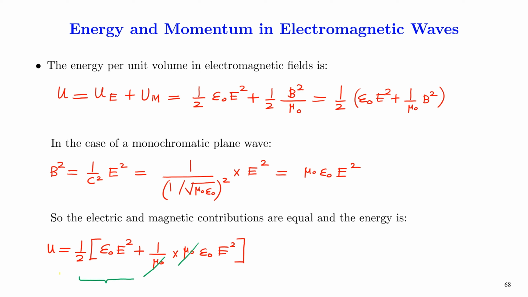From the two terms, we infer that the contributions of electric and magnetic fields are equal, and the energy is epsilon 0 E square, and this is equal to epsilon 0 E0 square cos square (kz minus omega t plus delta). And this is the energy that is carried by the electromagnetic waves as it travels.